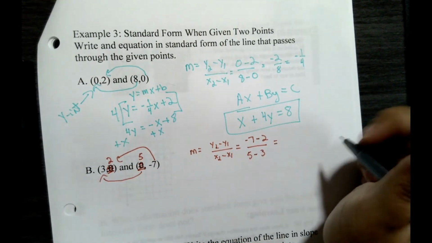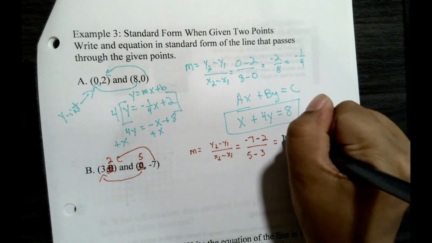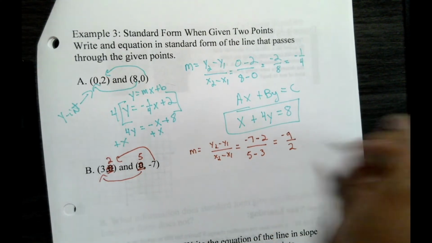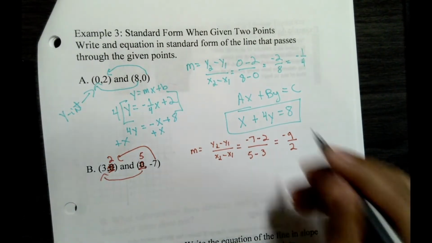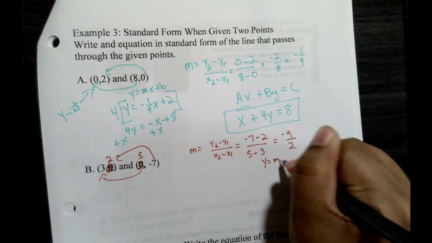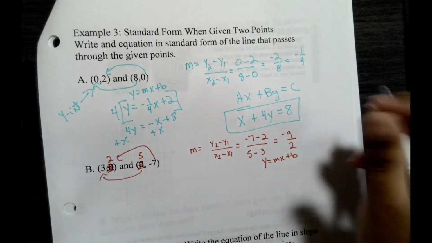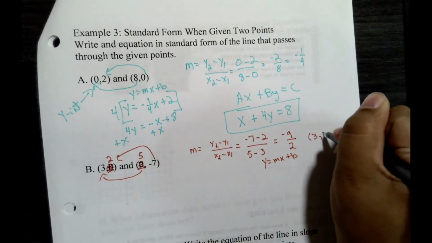That doesn't simplify. How are we going to find the y-intercept form so that we can transform it? Well, y equals mx plus b. So we have 3 and 2, so we have x and y. Well, let's just plug in what we know and solve for b.